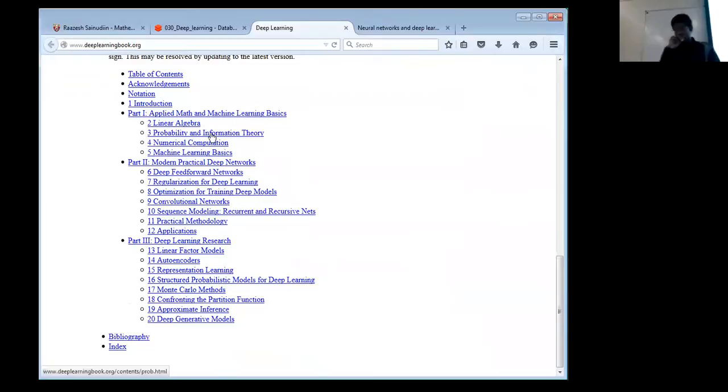And the good thing with this book is not only do they cover the basics of deep learning, like basics of linear algebra and probability, but also go through the current deep learning scenario with feed-forward networks, convolutional neural networks, and also they have content about the research areas that are currently being pursued by different people in deep learning, like AutoEncoders and Monte Carlo methods and so on.